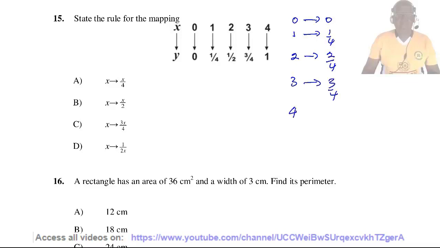And then 4 maps into 4/4, which is the same as 1. So the general rule will be S over 4. S maps into S/4. So the answer is A.